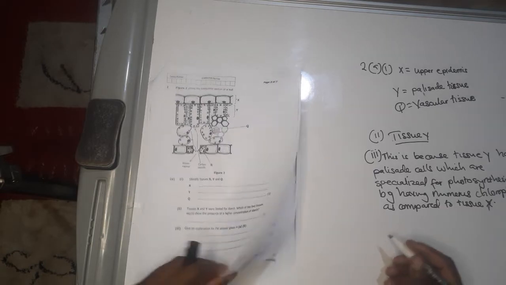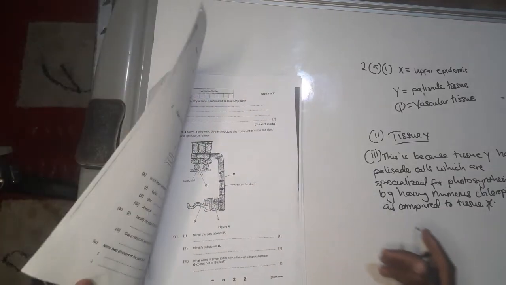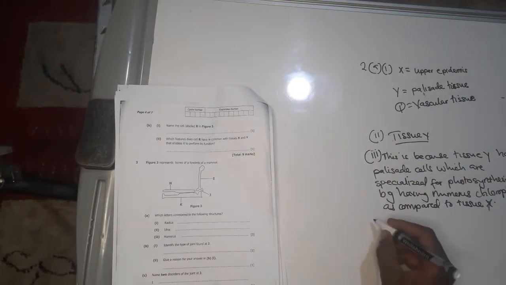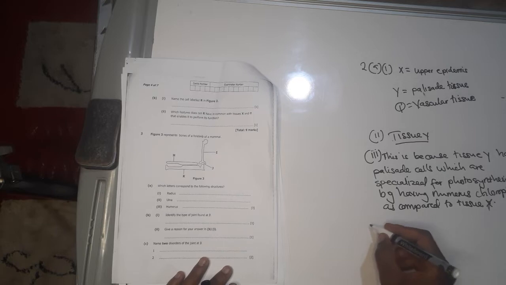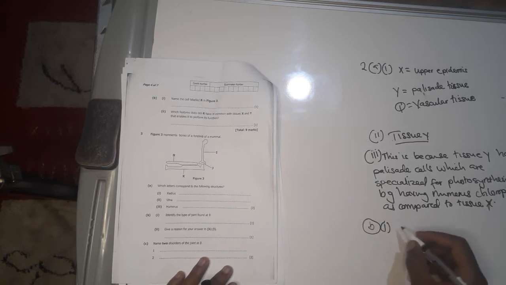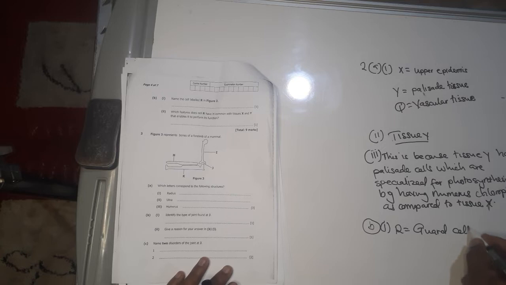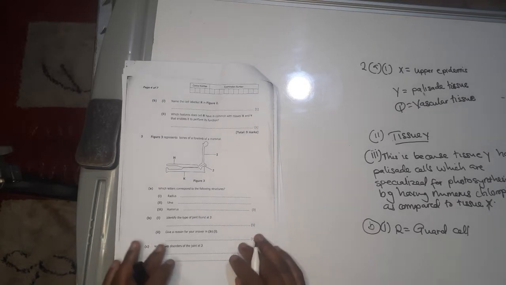So that is called the guard cell. So for question B, Roman numeral 1, R is the guard cell.